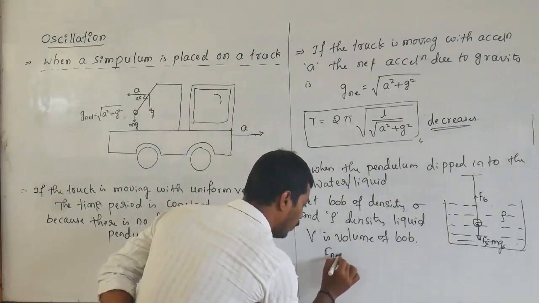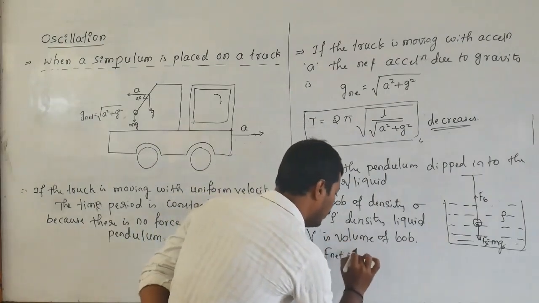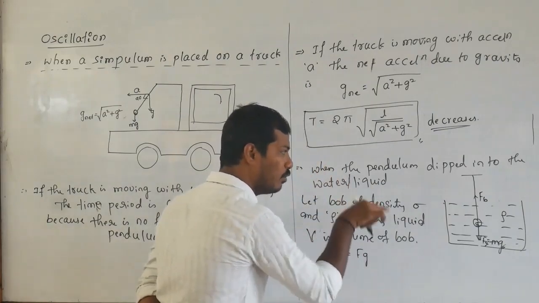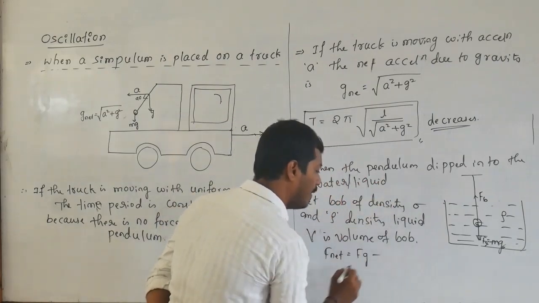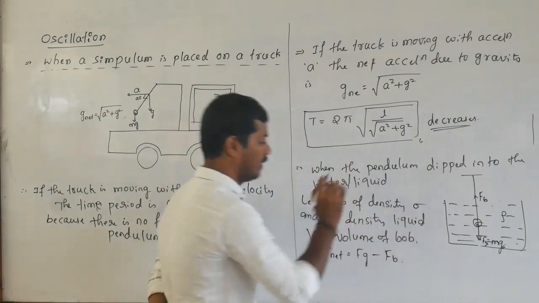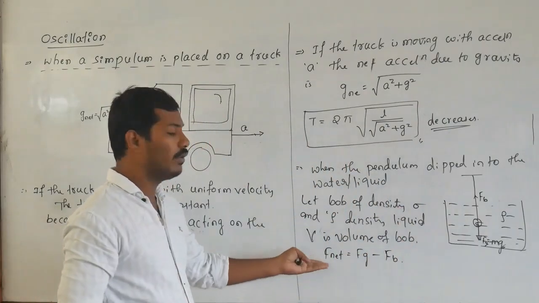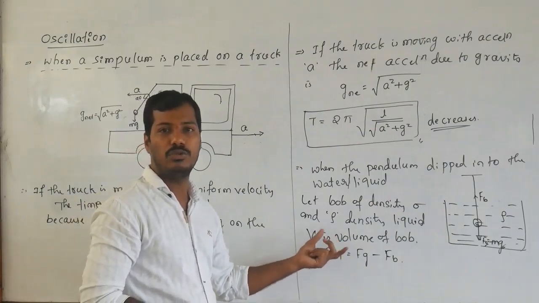The net force is nothing but Fg minus Fb. Then we have to calculate the net acceleration due to gravity.